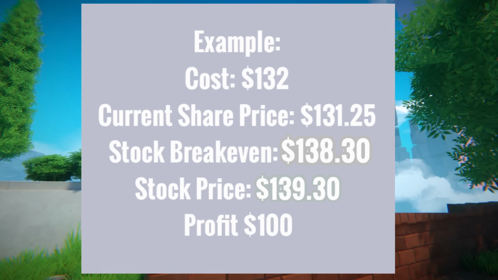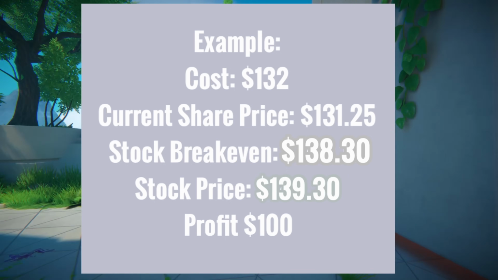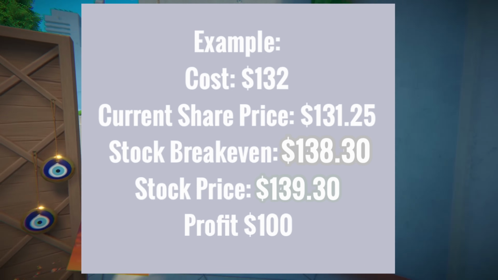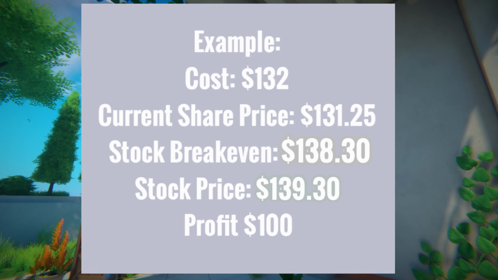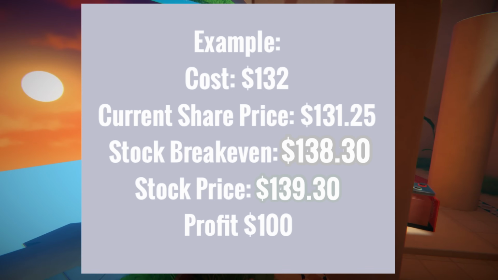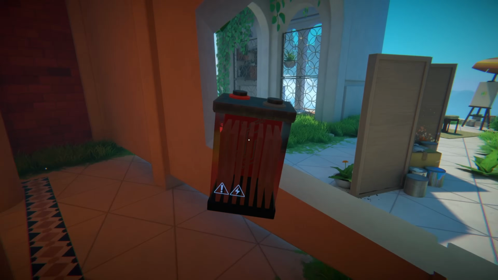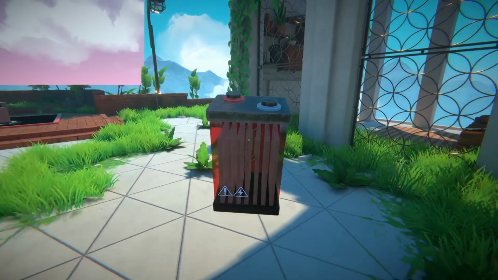So if it went to $139.30, that's $100 profit. If it went up to $140.30, $200 profit. And you would have made that with just spending $132. And you would have gotten your money back.